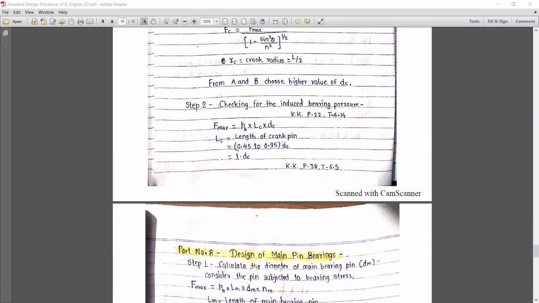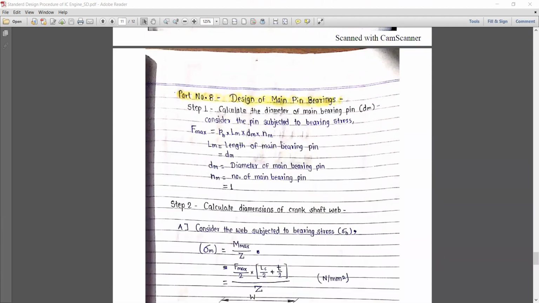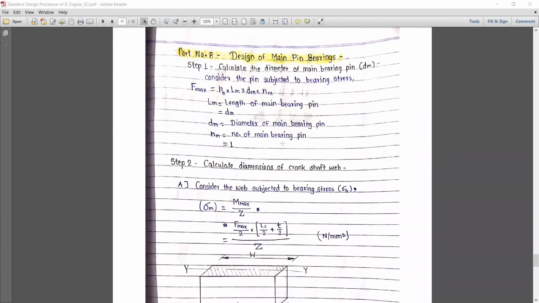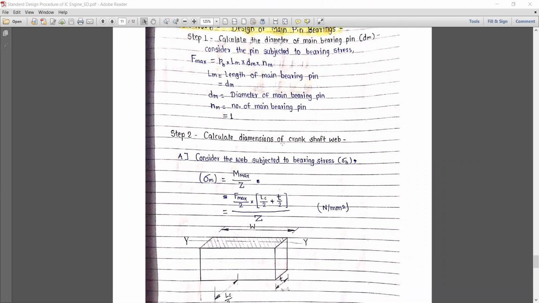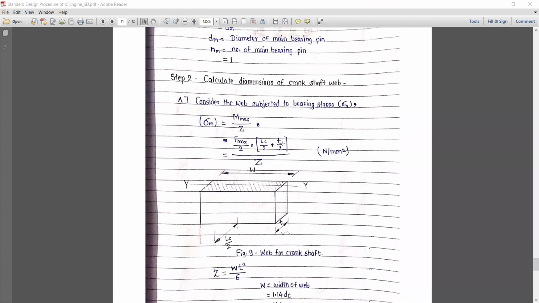Then calculating or checking the crank pin details for bearing pressure, then design of the main bearings, where we calculate the diameter based on the bearing stress.